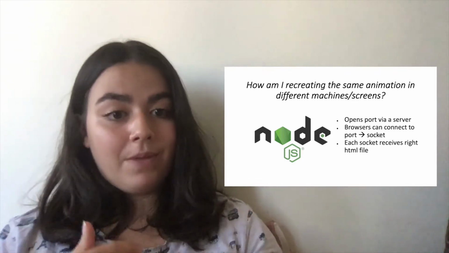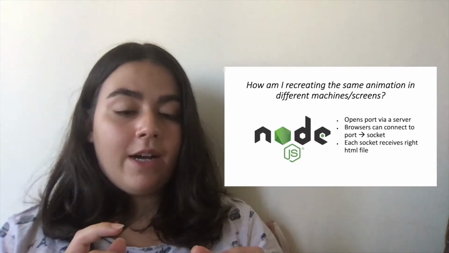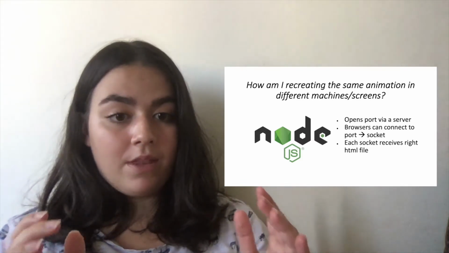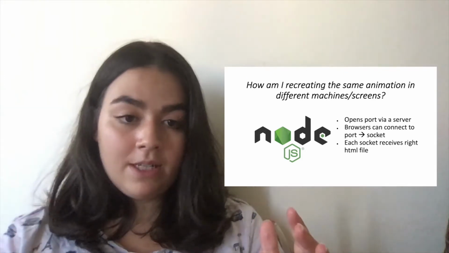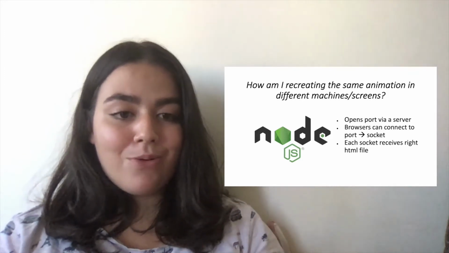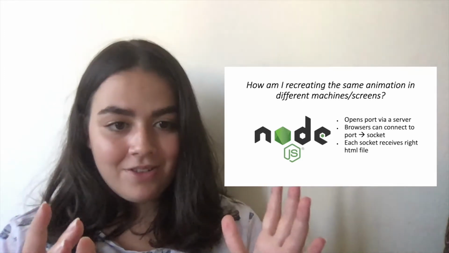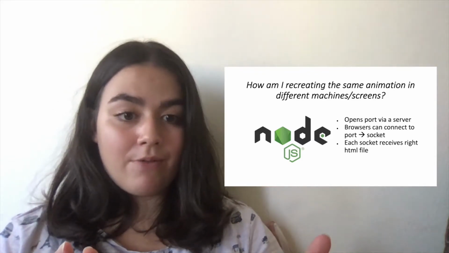This is quite useful for me because that means anybody can just create a WebGL scene, and if I launch this server with an appropriate port with that code, then any browser that connects to it will just get the same code. I don't need to worry about how I am going to send the right animation and the right code to all the machines, because the server will do that for me.